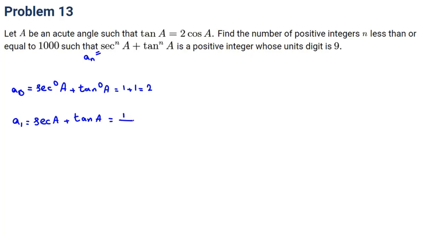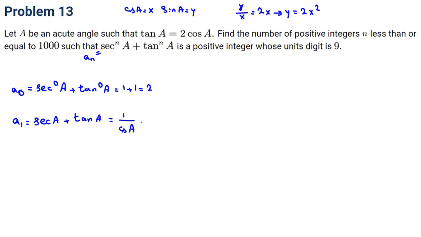You can say it is equal to 1 over cos a, because look, we can consider cos a equal to x, sine a equal to y. So first one, tangent a is sine over cos, y over x equal to 2x, so we conclude y equal to 2x squared.